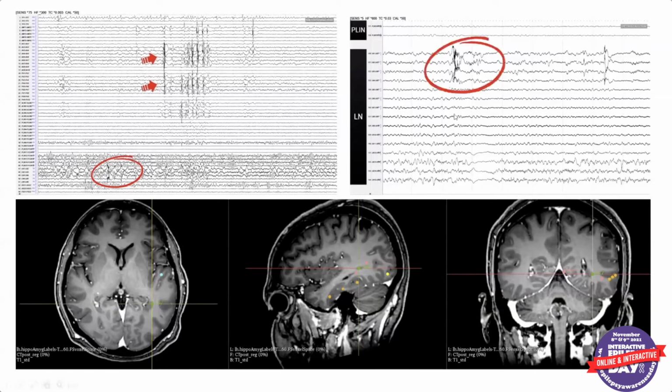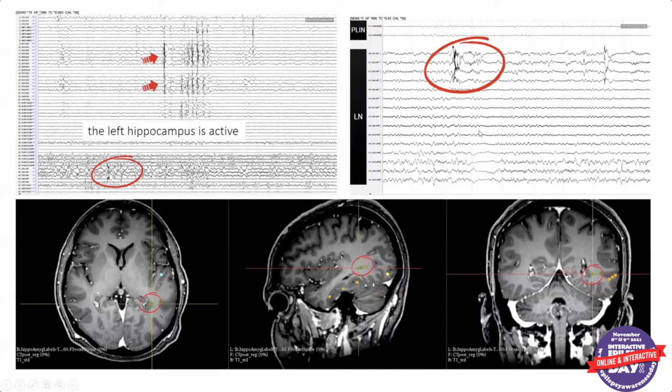Further, when we blow up the recordings from the nodule, you can see that there are some very aggressive looking discharges from the nodule in this particular patient. And from the MRI scan in different sections, you can see the nodule, the crosshairs are sitting squarely in the nodule, and that is indeed the part of the brain and the part of the nodule that is firing continuously, contributing to this person's epilepsy.